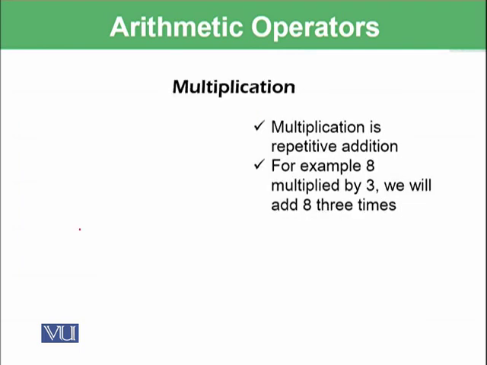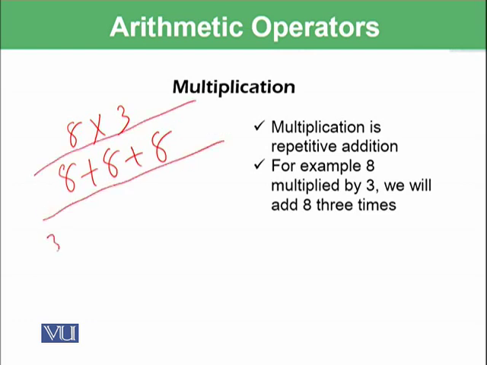And then what about the multiplication? Multiplication is a repetitive addition. For example, if we want to multiply 8 with 3, we can do 8 plus 8 plus 8. Or alternatively, we can also do 3 plus 3 plus 3 plus 3 plus 3 plus 3, 8 times: 1, 2, 3, 4, 5, 6, 7, 8.